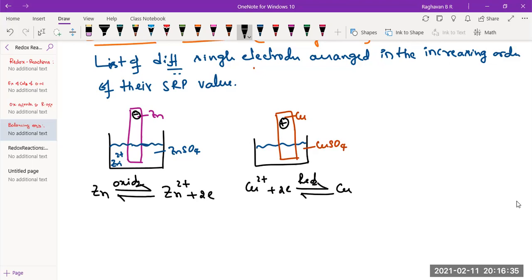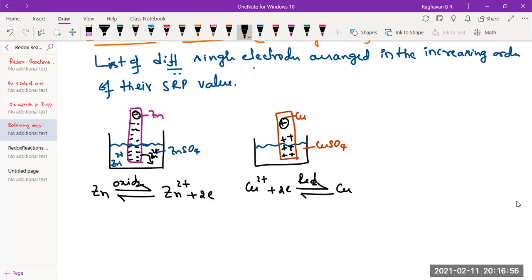So zinc atoms get into the solution as Zn2+, where they lose their electrons, and the rod becomes negative. Here Cu2+ deposits more onto the rod and it becomes positive. So thus potential is developed.